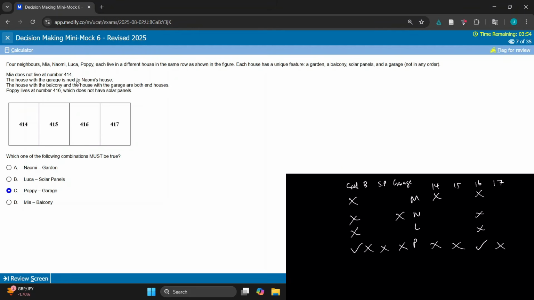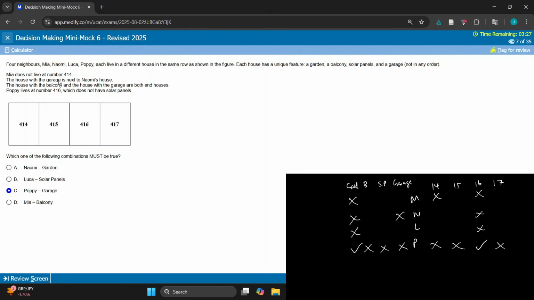The house of the garage is next to Naomi's house, so Naomi... So what are the 2 houses at either end? The house of the balcony and the house of the garage are both end houses. Okay. So, based off the info here, garage is next to Naomi's house.